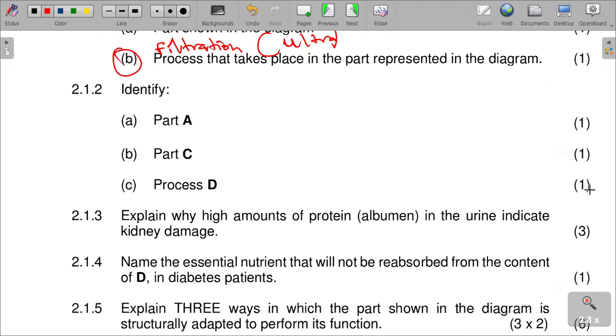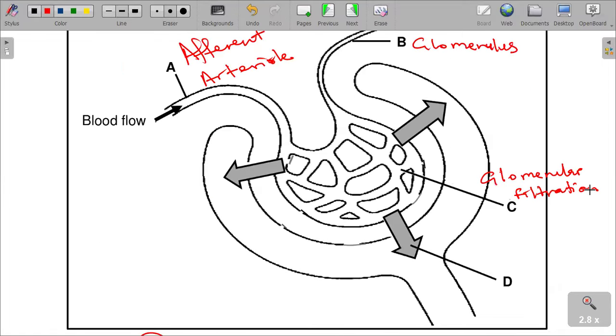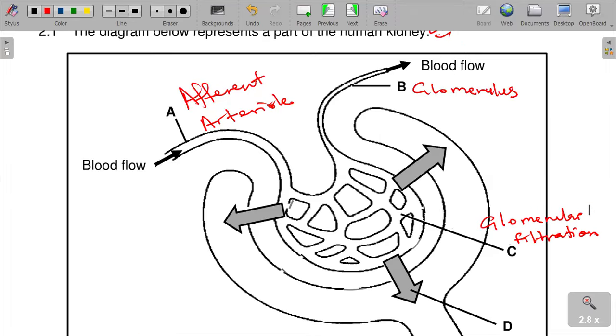Identify parts A, C, and D. So I already labeled B, sorry.